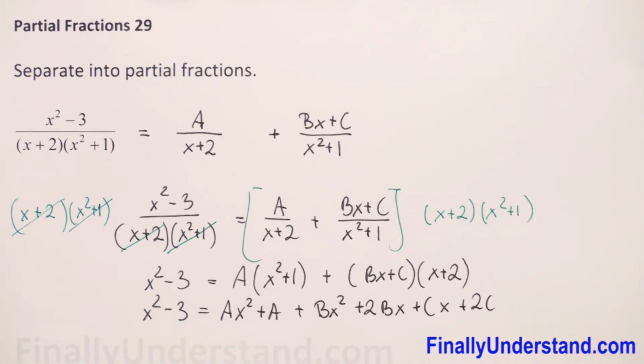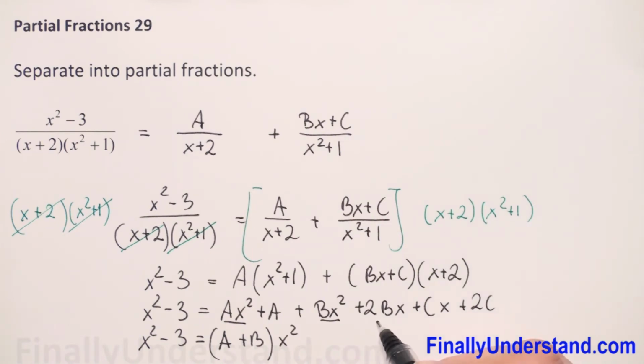We have to combine the like terms. x squared minus 3 we will copy. We have x squared terms, so we have a plus b times x squared. We factor x squared out of these two like terms and write it on the right side of our parentheses.